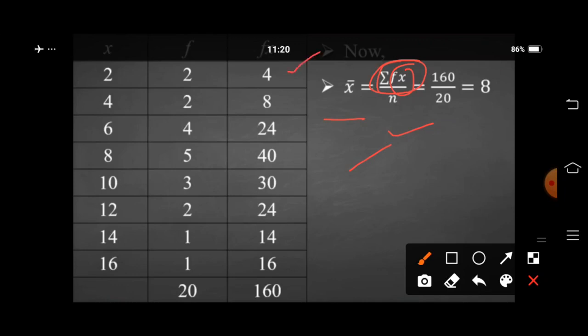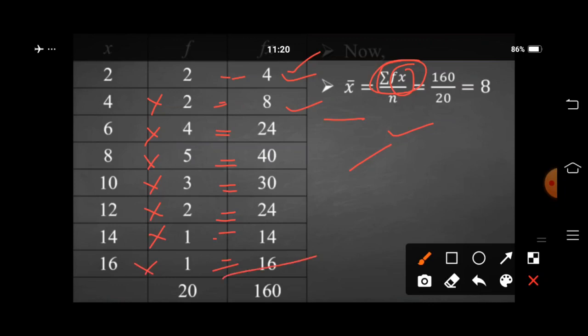then fx means 2 into 2, 4; 4 into 2, 8; 6 into 4, 24; 8 into 5, 40; 10 into 3, 30; 12 into 2, 24; 14 into 1, 14; 16 into 1, 16.